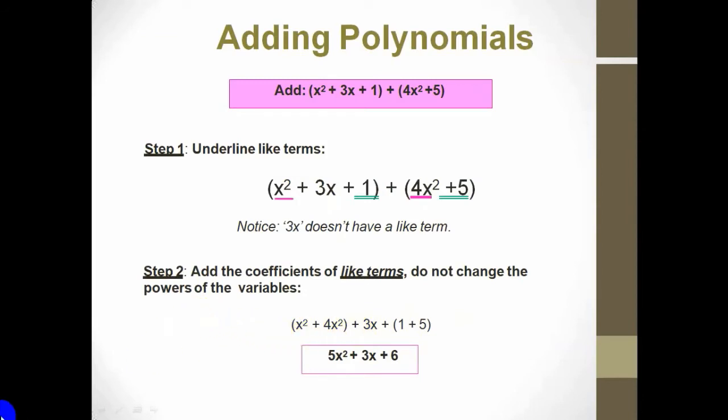Now, how to add polynomials? Now we are going to start the operations on polynomials. Operations on polynomials mean how to add polynomials, how to subtract polynomials, how to multiply polynomials, and how to divide two polynomials. About the division of polynomials, I have already told you in the previous lecture that we can simply use the remainder theorem or the factor theorem.